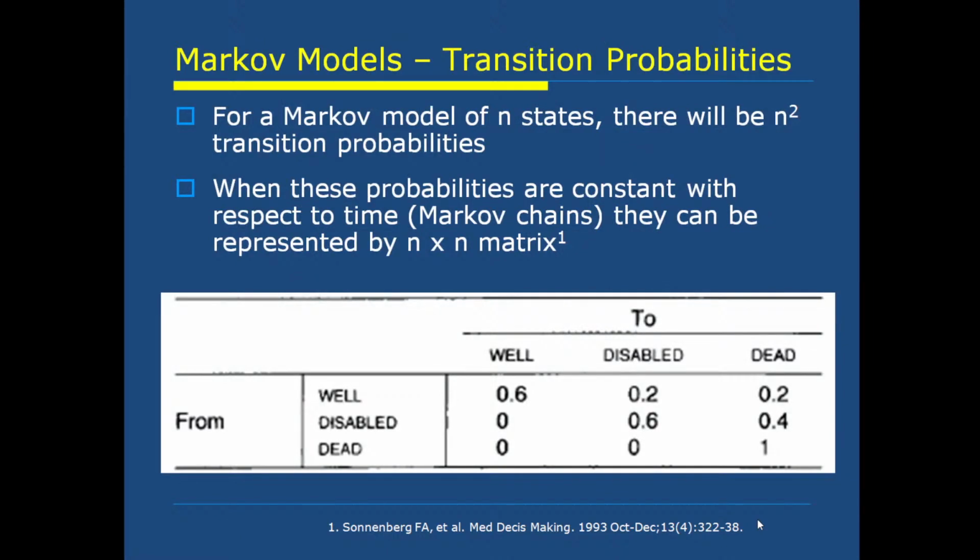For a Markov model of n states, there will be n squared transition probabilities. If these probabilities are constant with respect to time, it is called a Markov chain. They can be represented by an n by n matrix, and in this slide you see this matrix with different values, with all the possible probabilities.